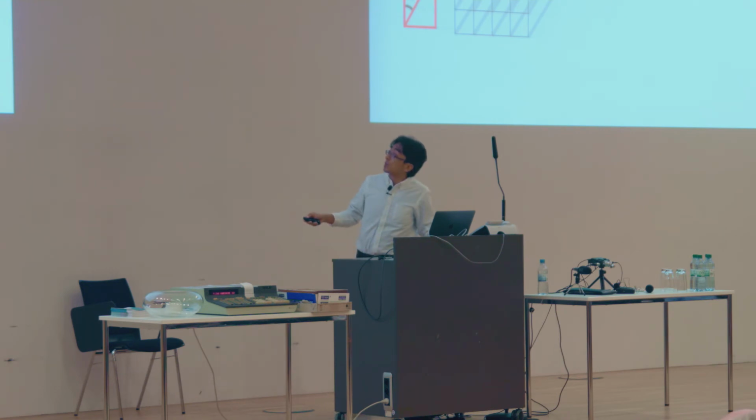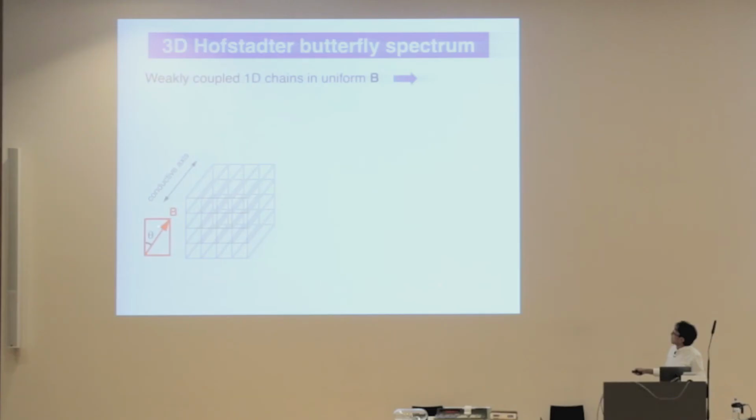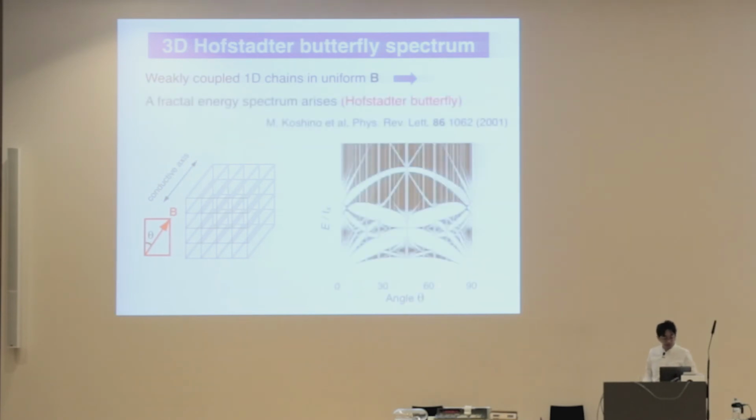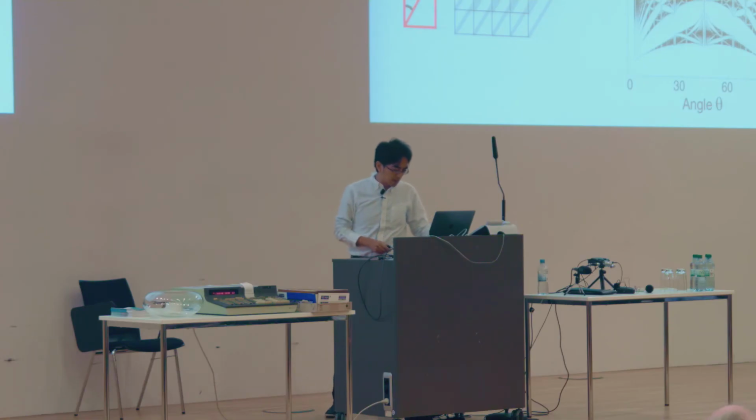Then apply the magnetic field parallel to the plane at a certain angle, and I get this. Okay? So the Hofstadter butterfly appears. This is some kind of extension of the two-dimensional Hofstadter butterfly, because we have lines here, but we also have a lattice in the x and y directions, so it's kind of a two-dimensional lattice.